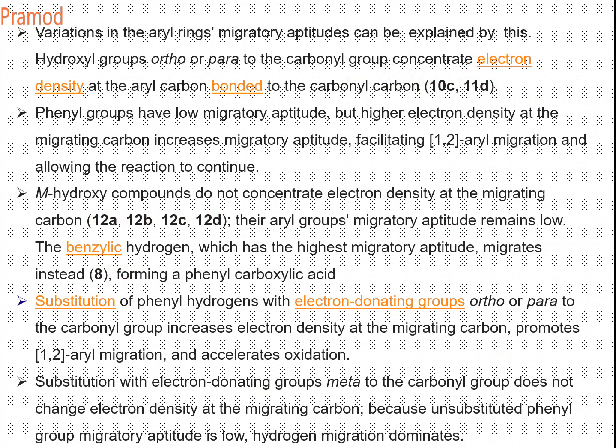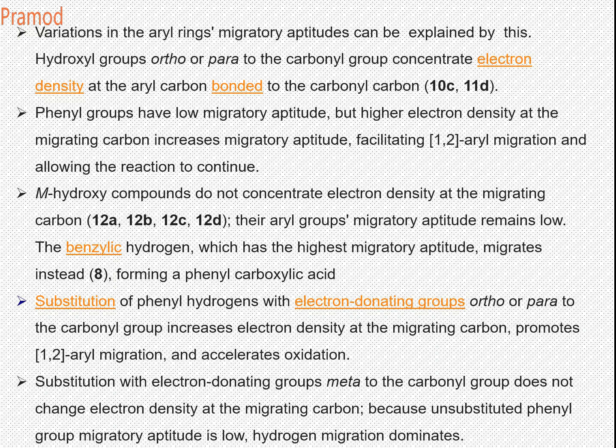The variation in aryl ring migratory aptitude can be explained by a hydroxyl group at the ortho and para position to the carbonyl group, which concentrates the electron density on the carbon bonded to it.